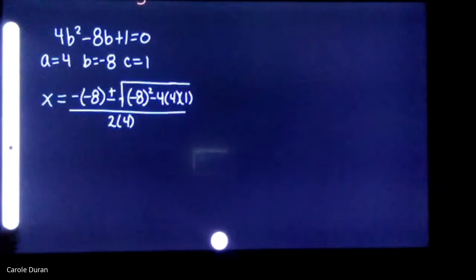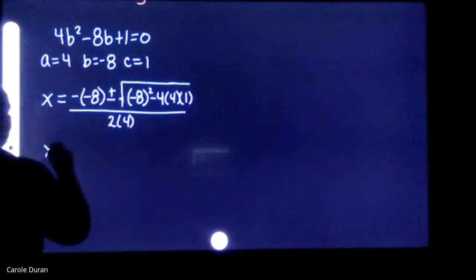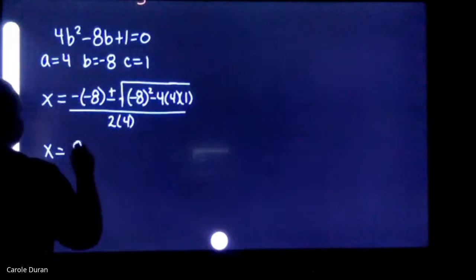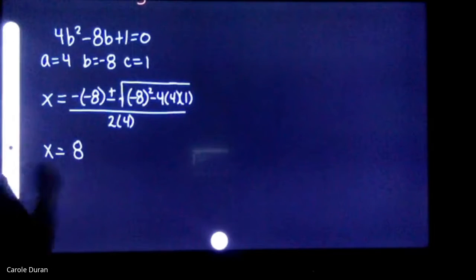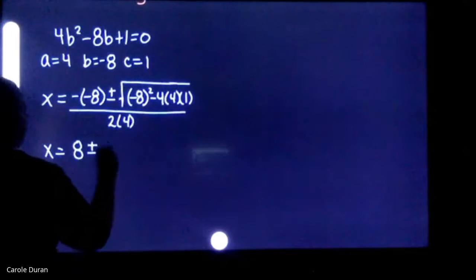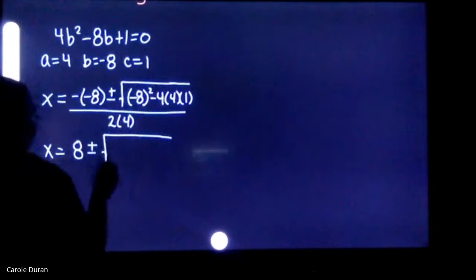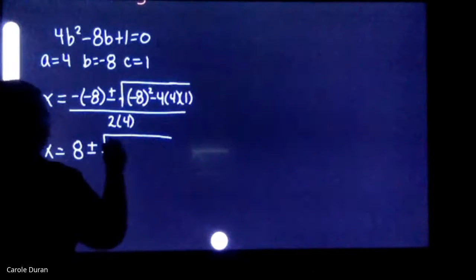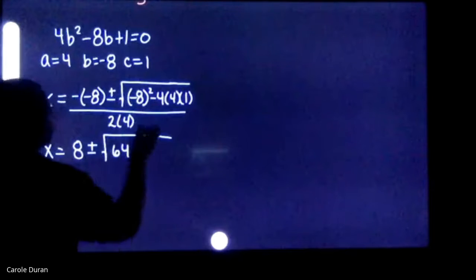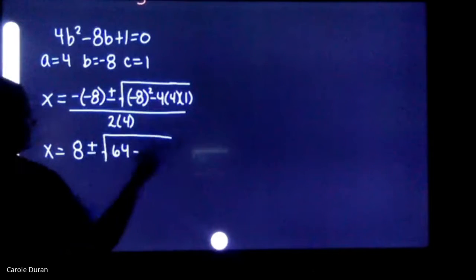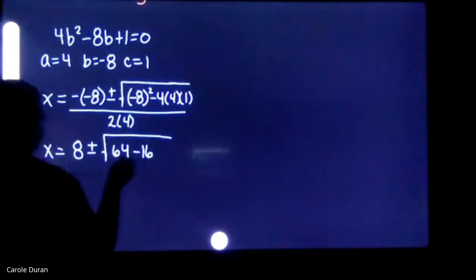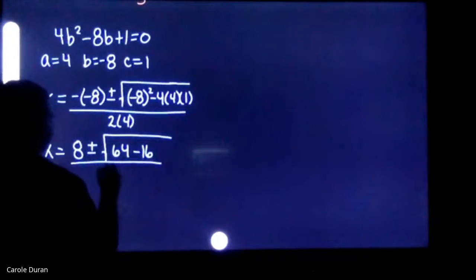From here I can simplify. When I do, I get x equals a positive 8 because a double negative makes positive, plus or minus the square root of -8 times -8 is 64, minus 4 times 4 is 16, times 1 is still 16, and then 2 times 4 is 8.